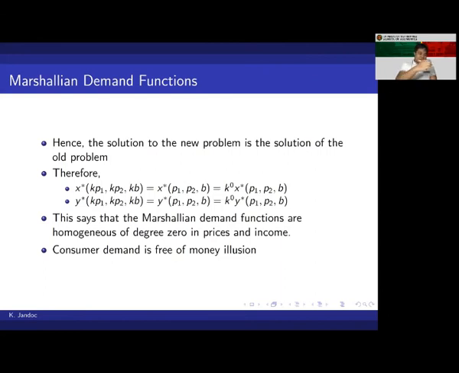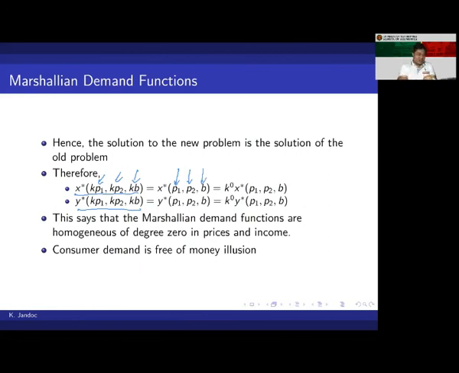So the optimal values of x and y under the new income and prices, kp1, kp2, and kb, are the same as the utility maximizers in the original problem, where we have p1, p2, and b as the original prices and income.